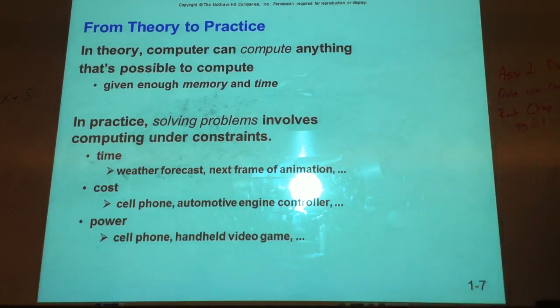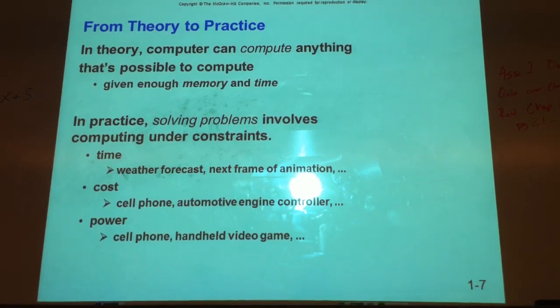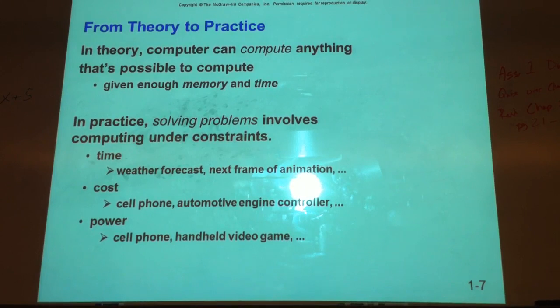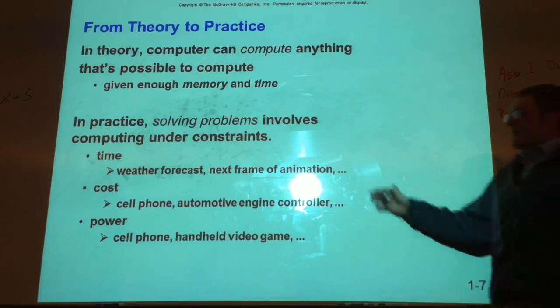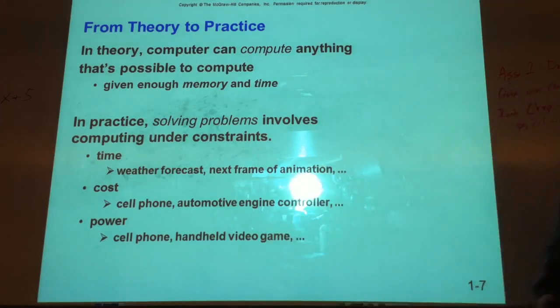They want it to last a decent amount of time. Your iPod, like, you want to listen to music all day, not just for half an hour. If I have half an hour, I might as well put the CD into a CD player and listen to that. And so we have all these kinds of ideas of constraints in the programs we design.